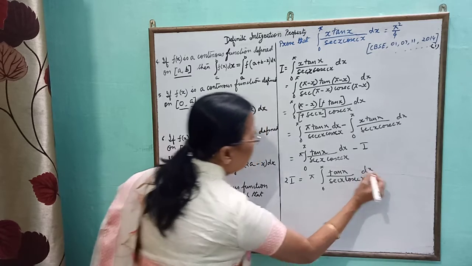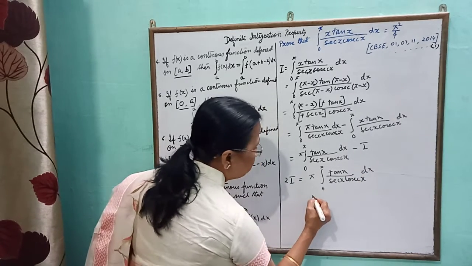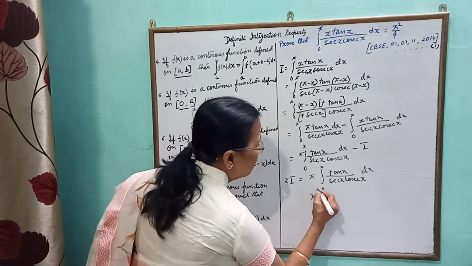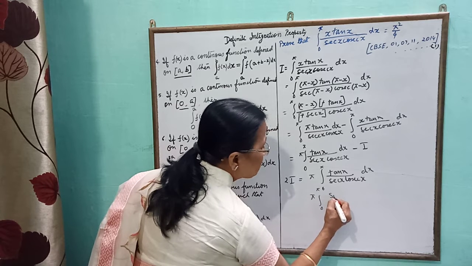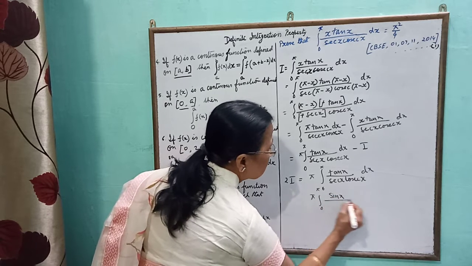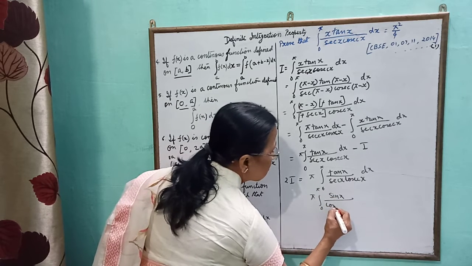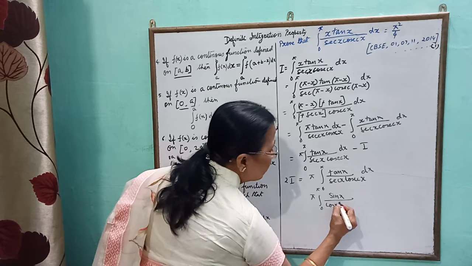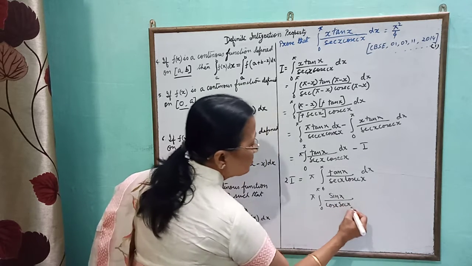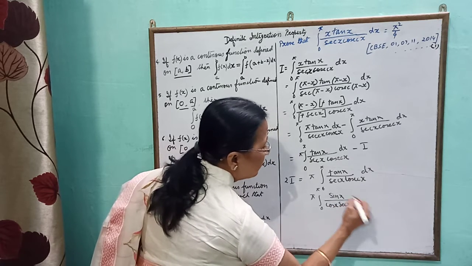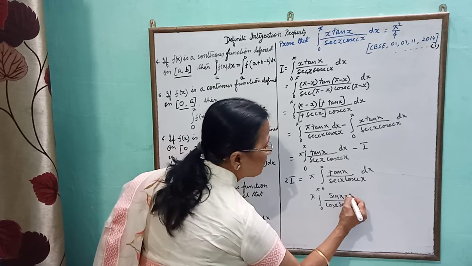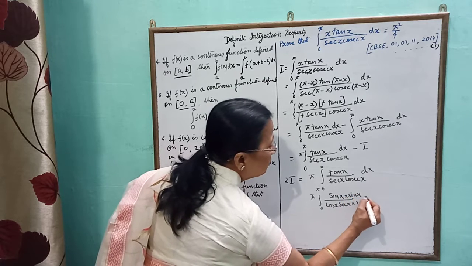Now you put pi, integral 0 to pi, tan x I can write sin x by cos x, and this is sec x, and cosec x can be written as 1 by sin x, so here it is sin x again dx.